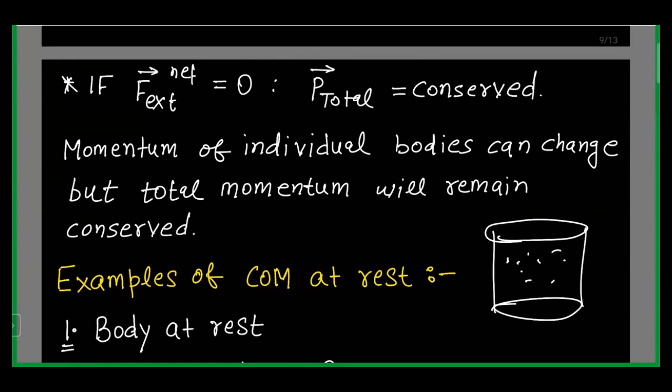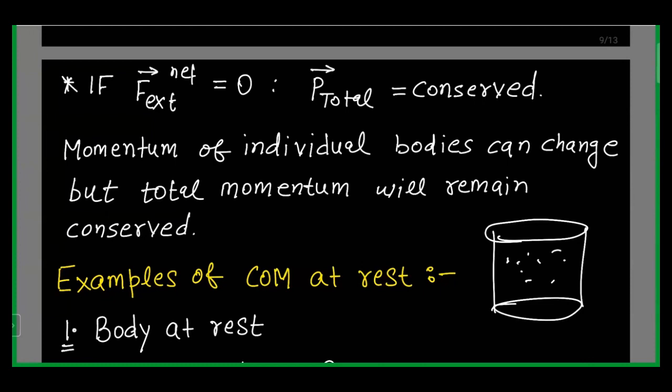So if it is at rest, it will remain at rest. If it was moving with a uniform velocity, it will keep on moving with the uniform velocity. So if your external force is zero, then the total momentum of the body will remain constant. However, the individual bodies can change their momentum. So if you have a two-body system, then the individual bodies can change their momentum, but the total momentum of both the bodies will remain the same.